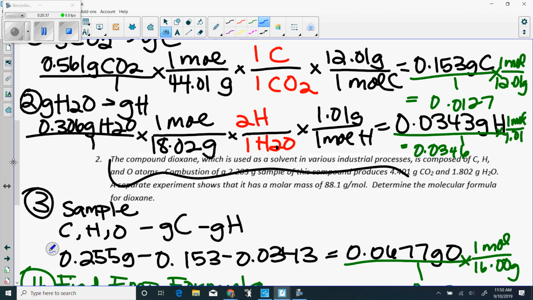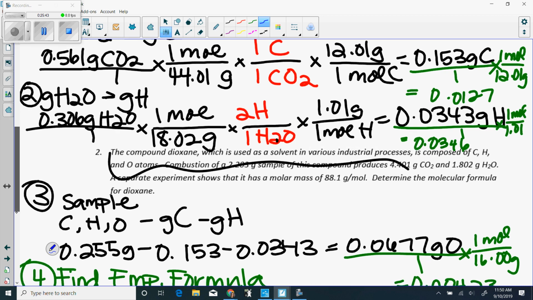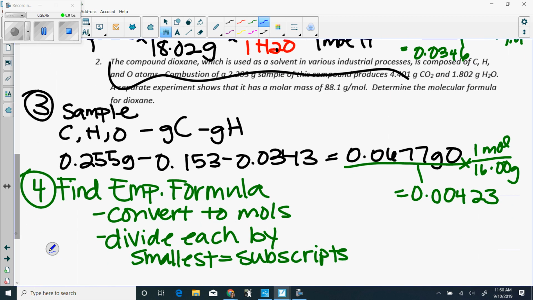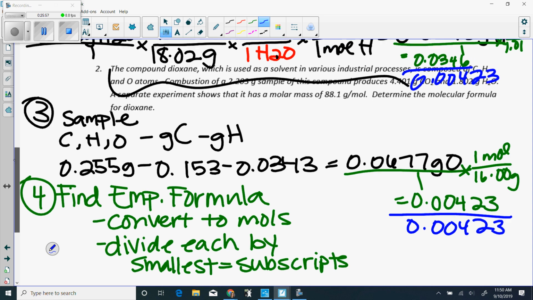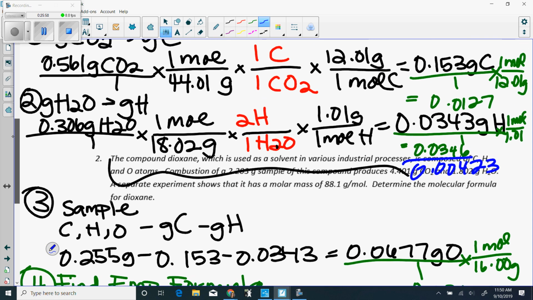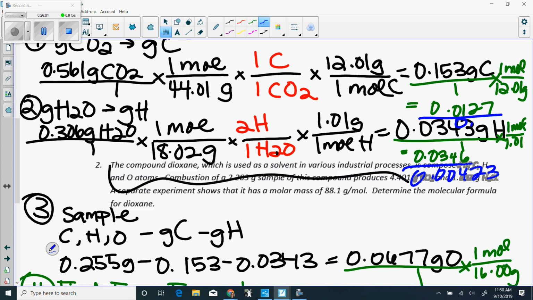I got 0.0127, 0.0346, and 0.00423. 0.00423 is the smallest, so we're creating a ratio. I'm going to divide each of them by 0.00423. I'm creating a ratio to the smallest to see what those subscripts are.